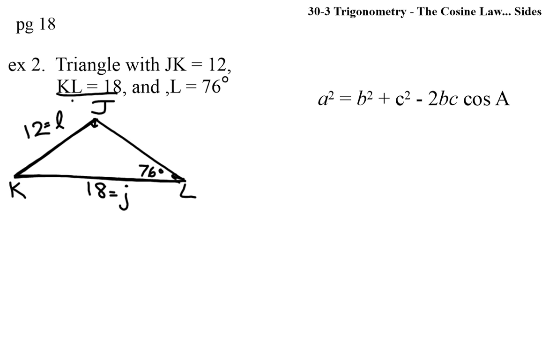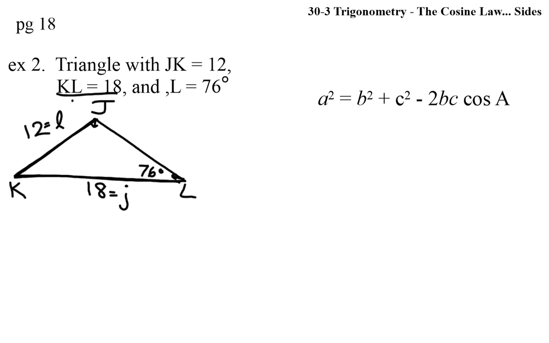All right. Well, our formula is all about a squared, b squared, c squared, 2bc cosine A. So this is what makes it a little bit confusing. The question is, what side are we trying to find in this question? It tells us we want to find the length of JK.